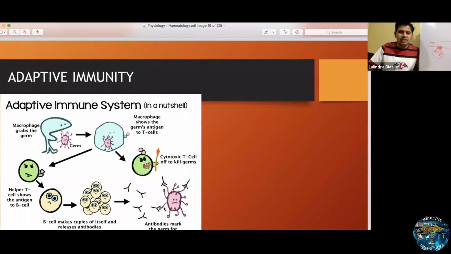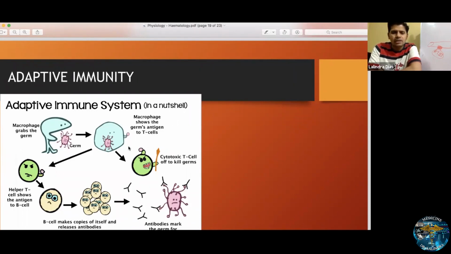Is that clear, guys, everyone? So adaptive immunity is mainly by the lymphocytes. How do they do that? When the germ or microbe is engulfed inside the neutrophil or macrophage, the antigen component will be shown to the cytotoxic T lymphocytes, and also to another cell.